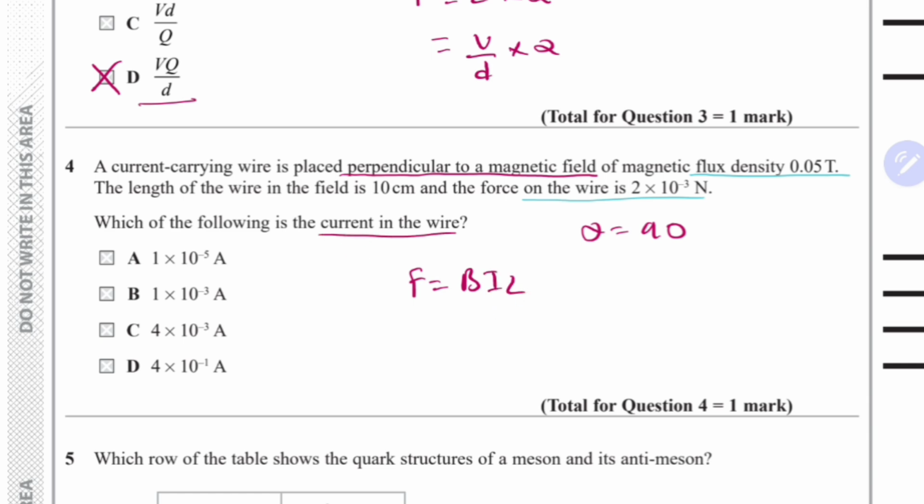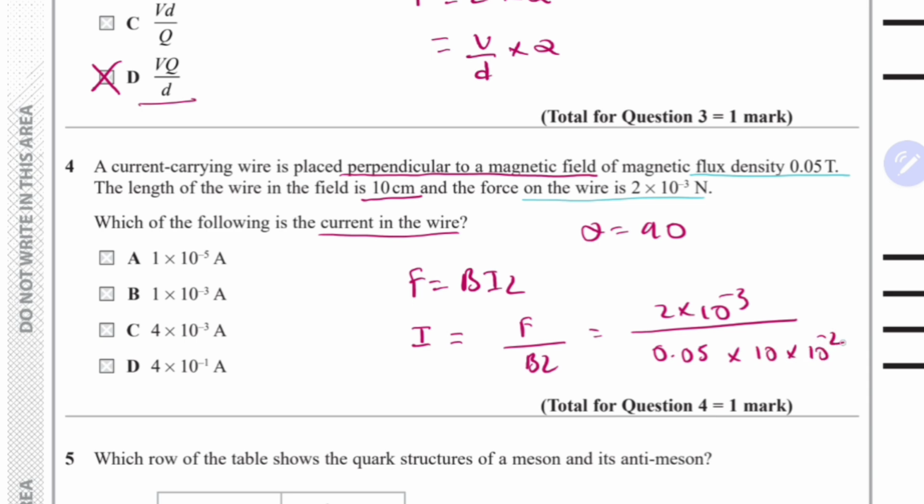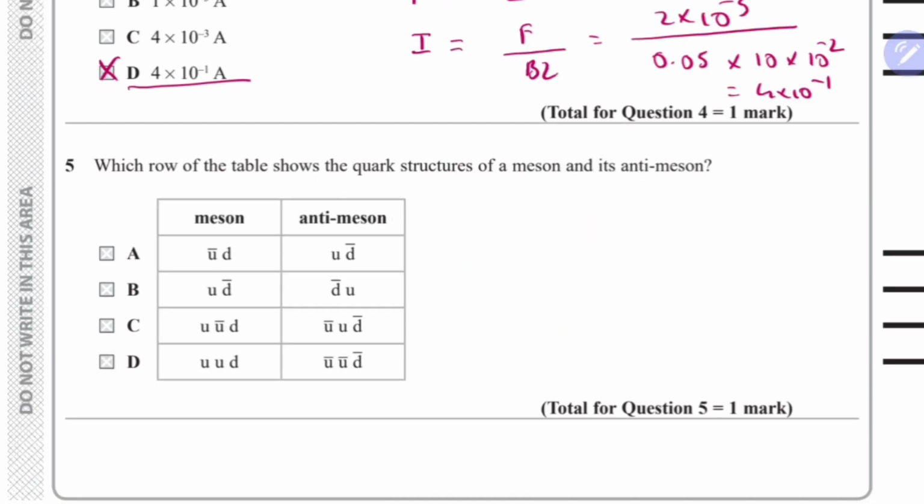We need to find the current, so we're going to make I the subject. I equal to F by BL. For force, it is 2 × 10 to the power minus 3. For B, 0.05, into 10 centimeters, and we're going to convert it into meters. The result is 4 × 10 to the power minus 1. Option number D.